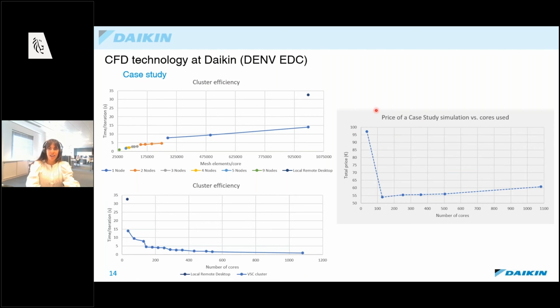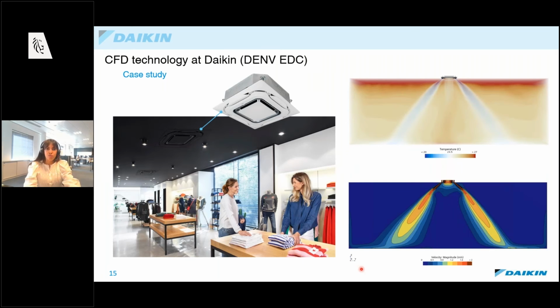It used to take around, I think, more than 2 weeks to do one of these simulations, while when using several nodes from the VLAM Supercomputer Center, we passed to less than 24 hours. We did a study of how expensive this was for us, and we reached an agreement on the amount of nodes that would be possible for us to use, considering the time that we wanted to have during one of the simulations.